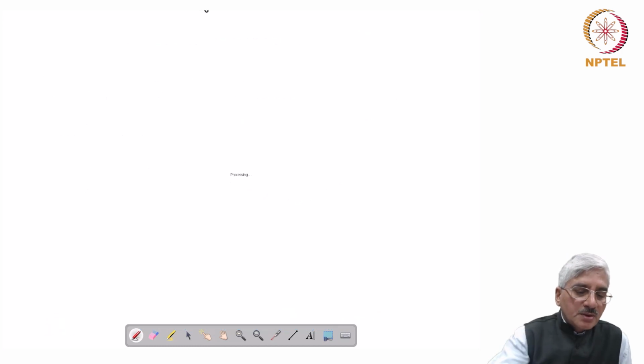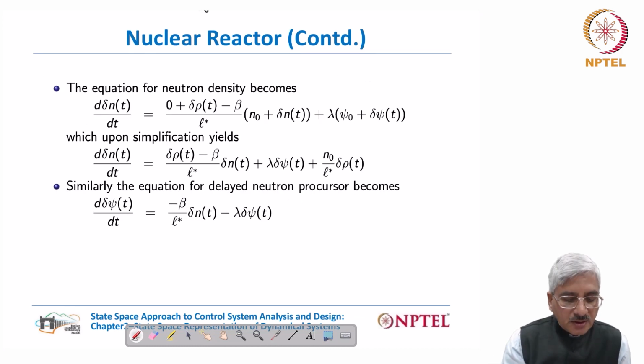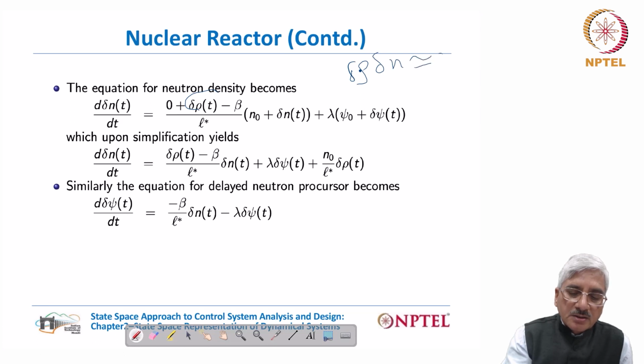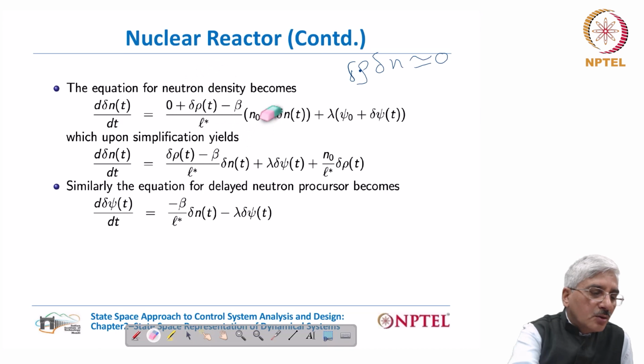These we substitute and manipulate the equations. We make one assumption that the product Δρ times Δn is approximately 0. These incremental changes are so small that their product can be ignored.